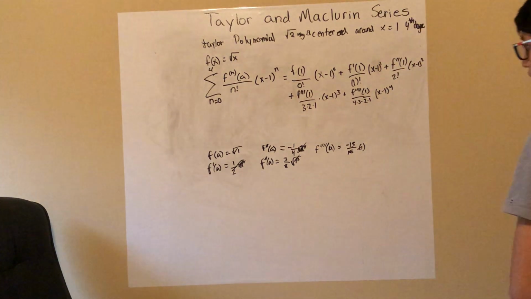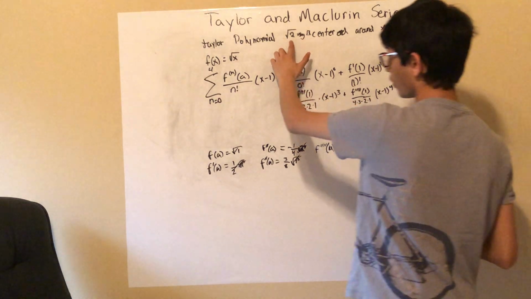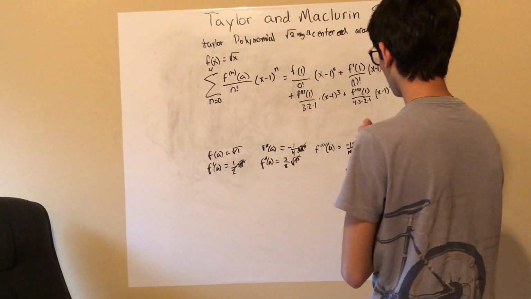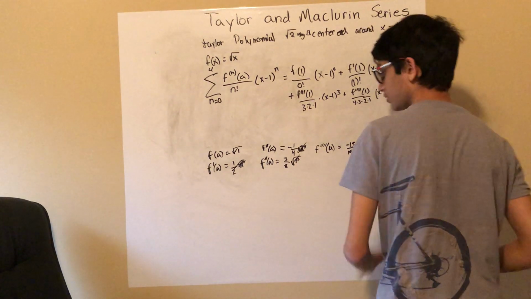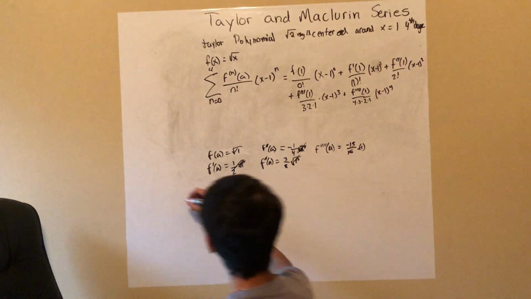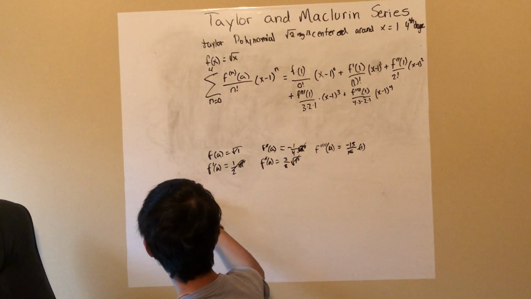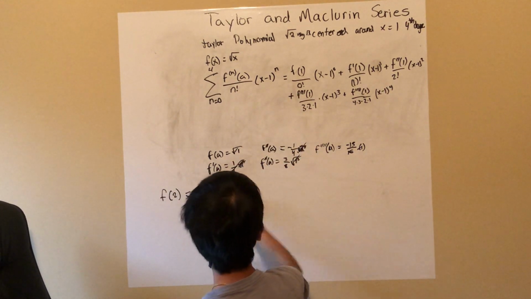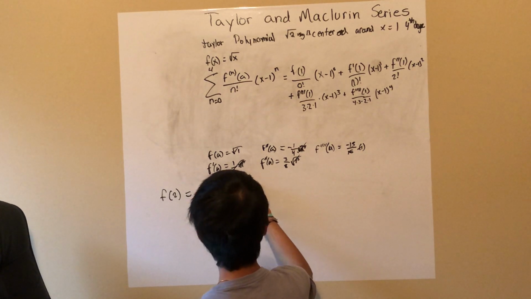Right? And now let's evaluate for x equals 2, because that is what we're trying to find, right? So we have all of our values here, and now we just need to plug in. So I'm going to do it down here. So now you get f of 2 equals f of 1, root 1, over 0 factorial times 2 minus 1 to the 0th.